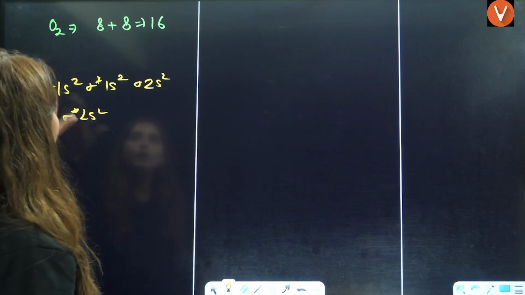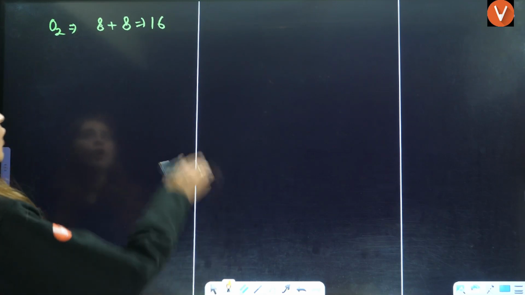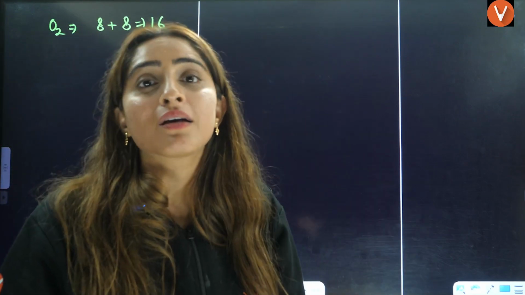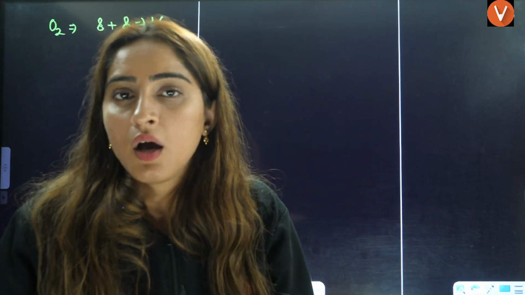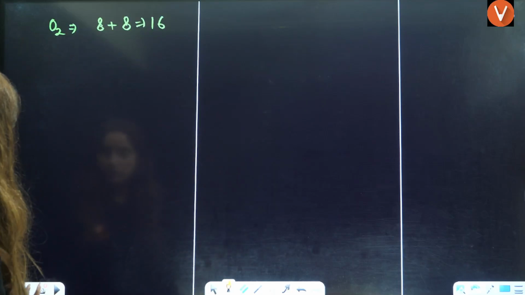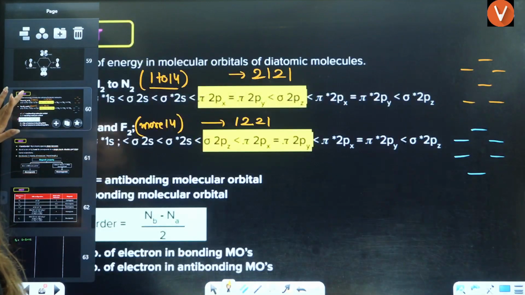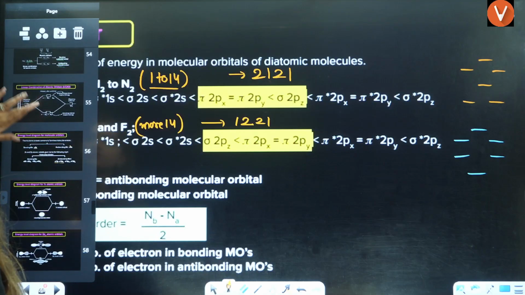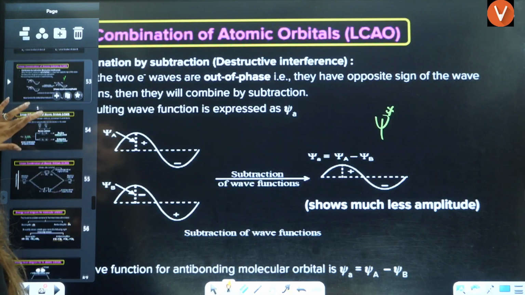Don't do this. We know that when the number of electrons is greater than 8, always and always you are going to have electrons in the KK shell.